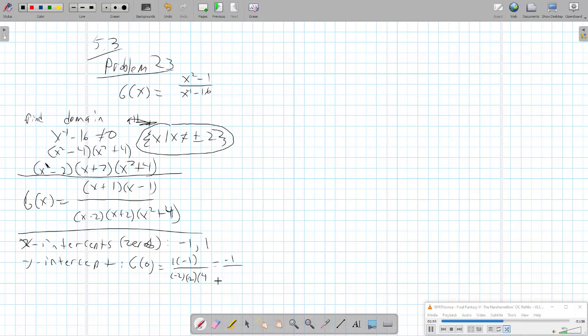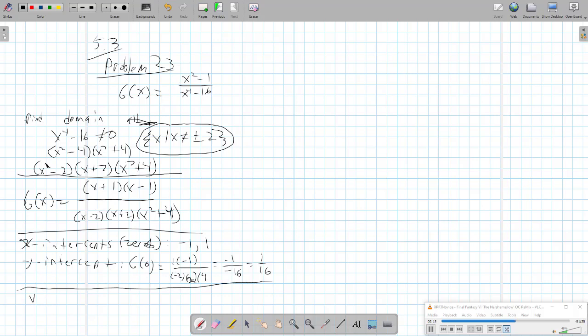That's negative 1 over negative 16. That's 1/16. Alright. Lastly, let's talk about asymptotes.